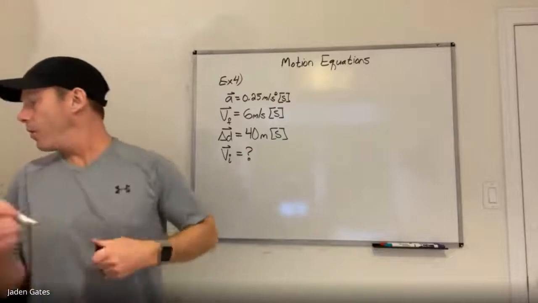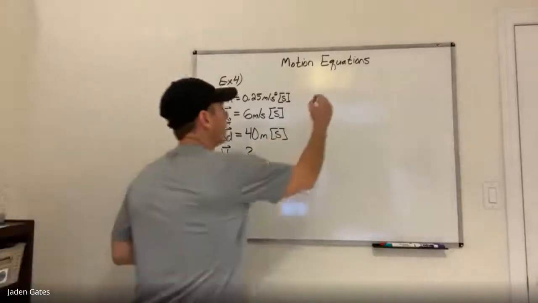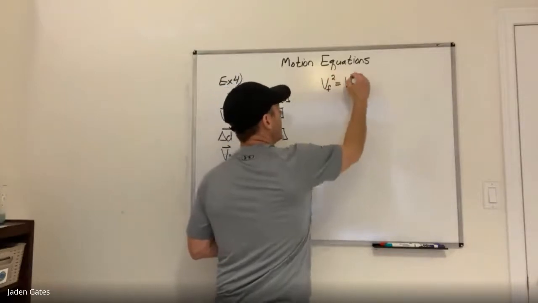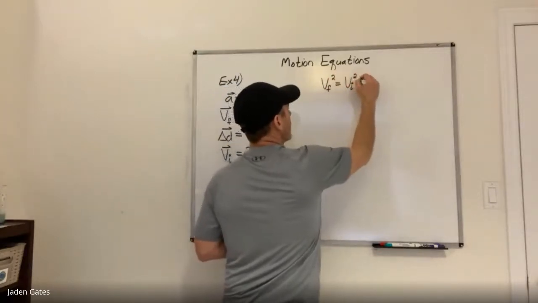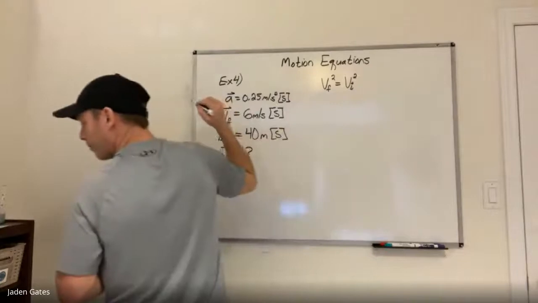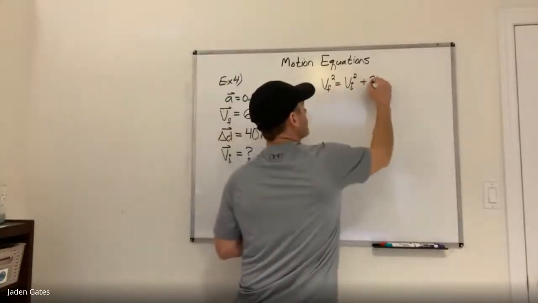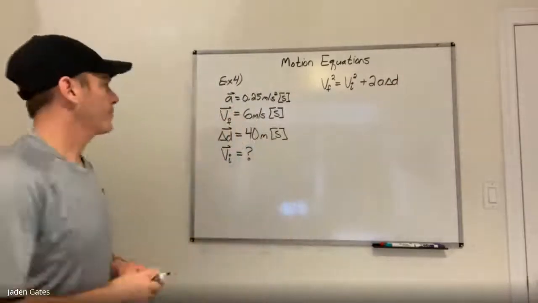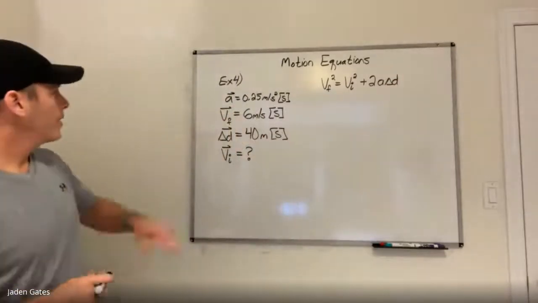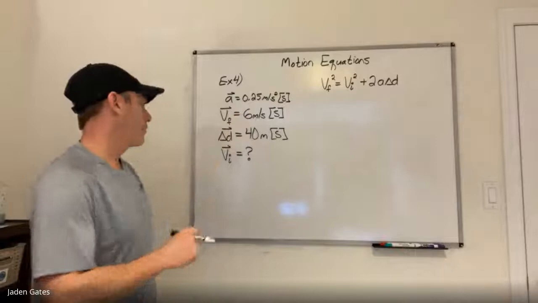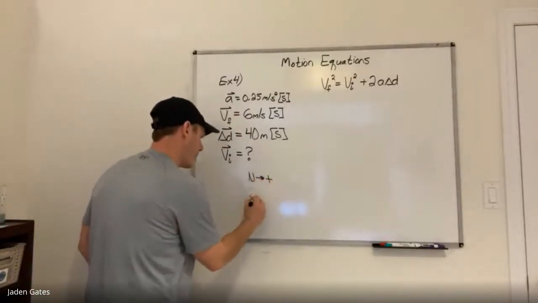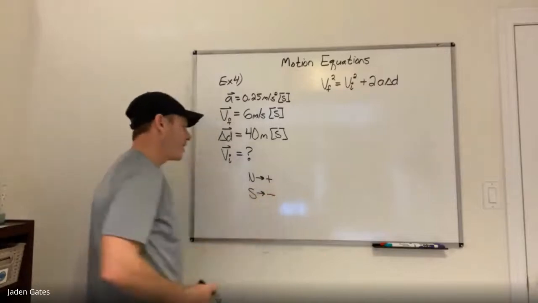VF squared equals VI squared plus 2A delta D. Now, south, south, south. 99.9% of the time, I go with north is positive, south is negative.